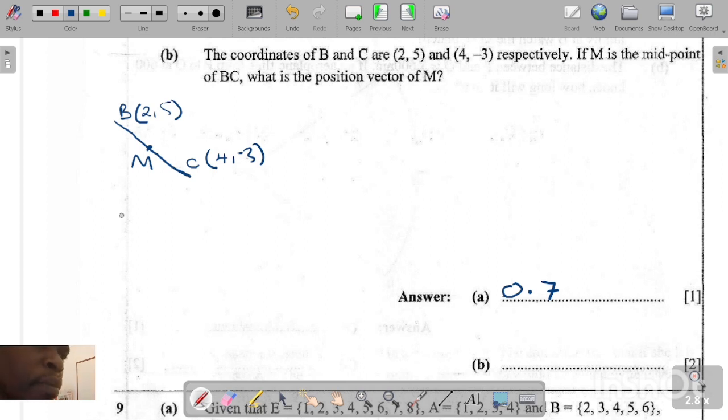So how do you find the midpoint of a line given the coordinates?